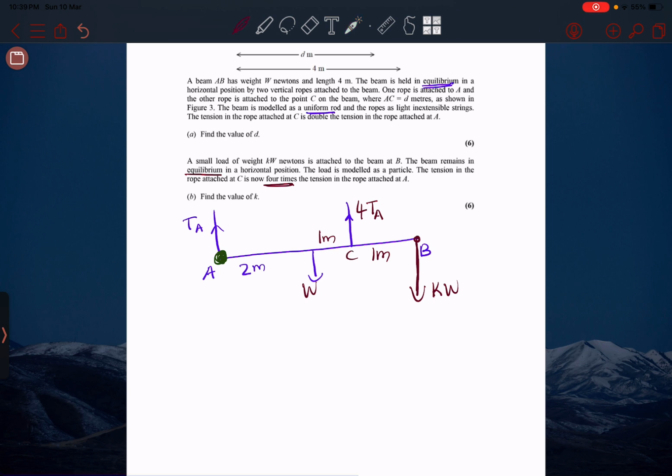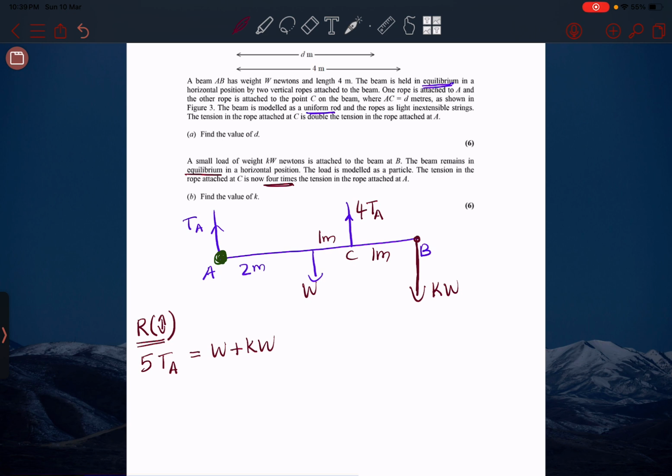We have to find the value of K. In any moments question, because it is in equilibrium, a couple of things that we can do: resolve the forces up and down. So we now have 5TA, all the forces going up, equal to W plus kW, all the forces going down.